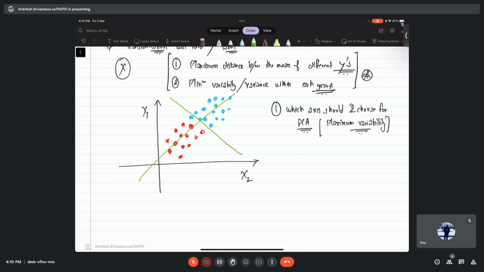So I didn't make the 1 and 2, right? So let me give here A and B. This is A, this is B. So which axis is it, A or B?